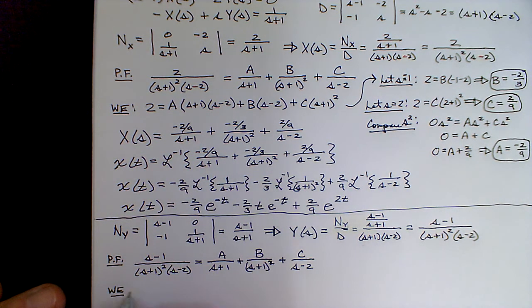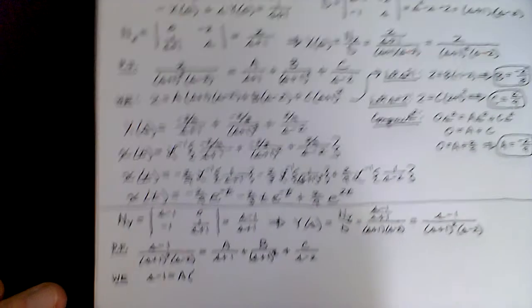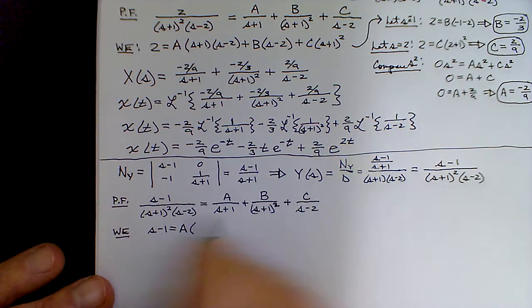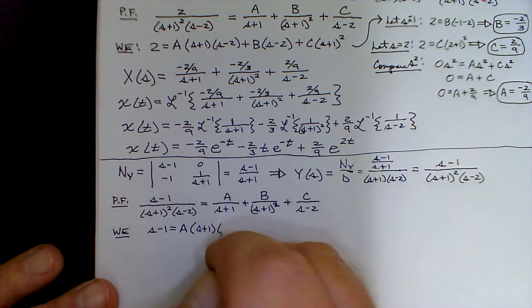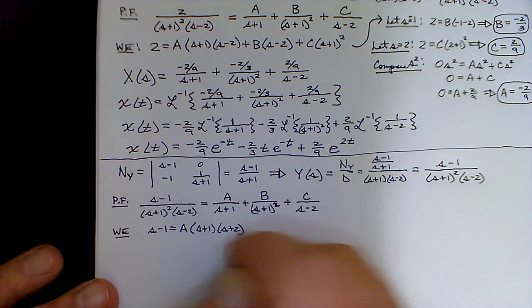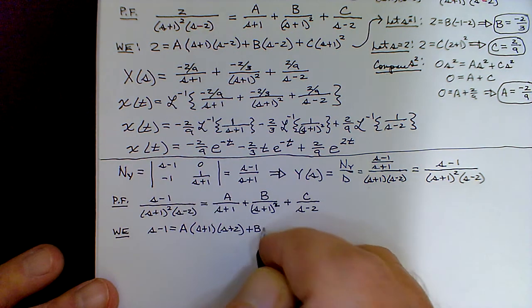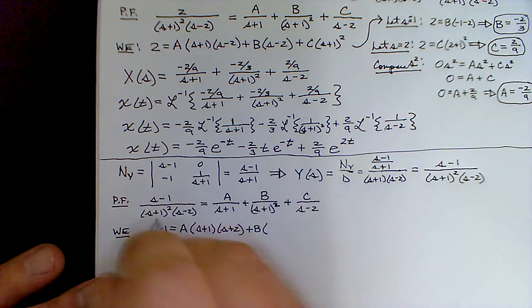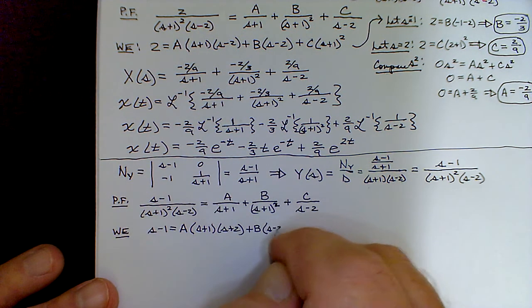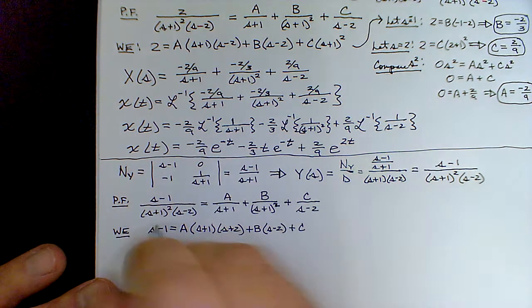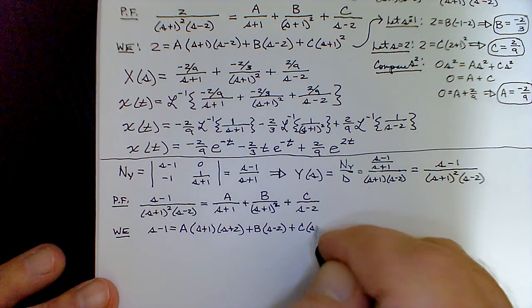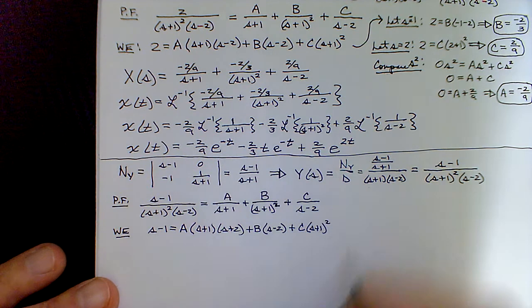The working equation, clear the fractions: s minus 1 is A times, and then we have s plus 1 canceling, but there's one more left over, so s plus 1, plus B times, both factors of s plus 1 cancel again, so s minus 2, and then plus C times, s minus 2's cancel, we get s plus 1 quantity squared.